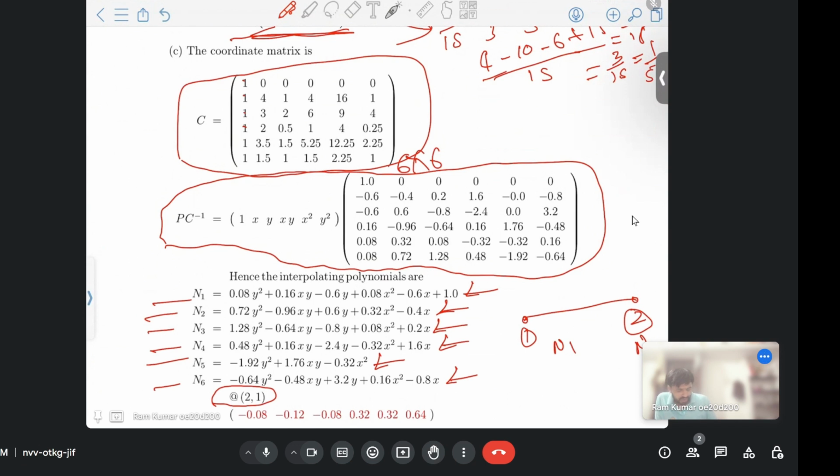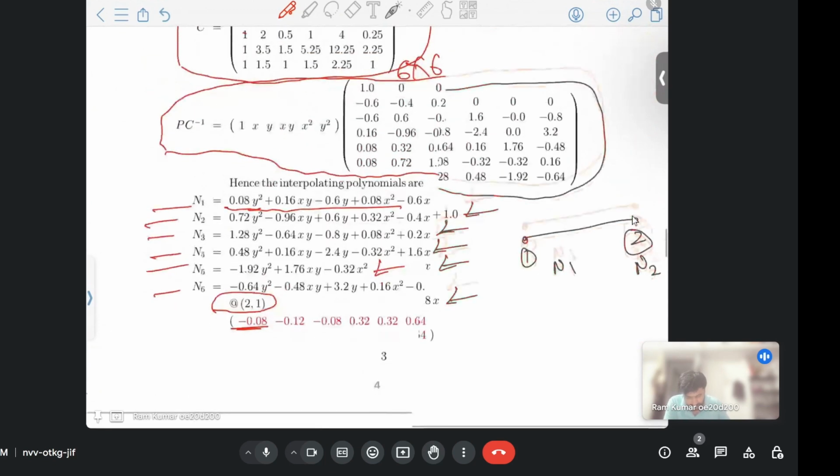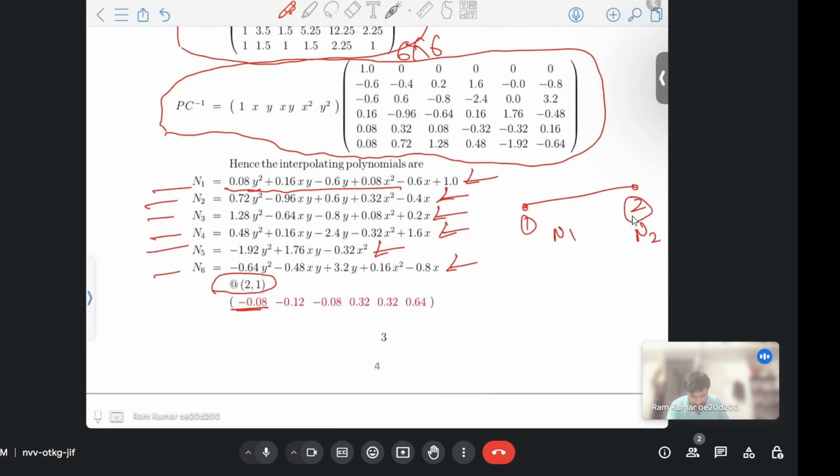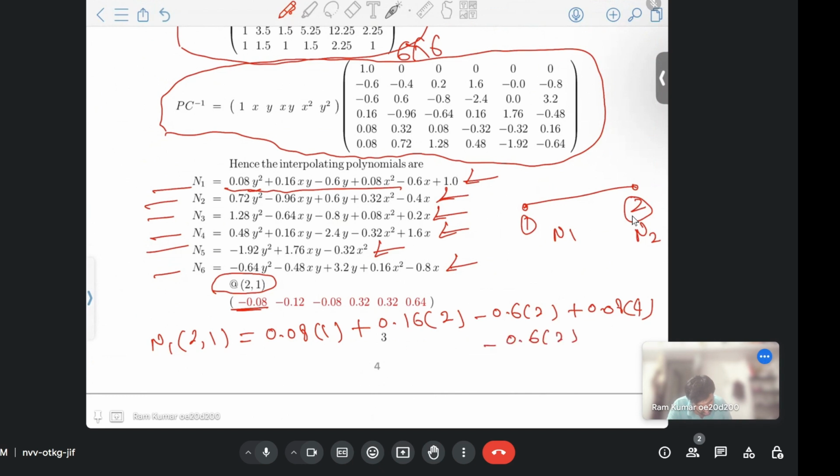This will be 4 into 0.08 plus 0.16, equal to minus 0.6 into 2 plus 0.08 into 4 minus 0.6 into 2 plus 1.